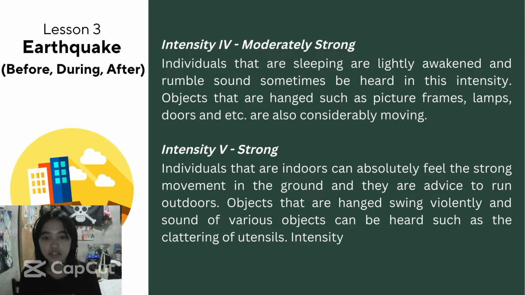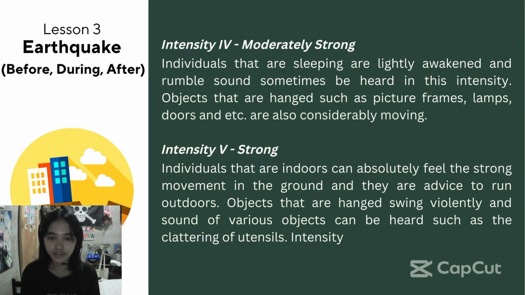So, intensity 5, strong. Individuals that are indoors can absolutely feel the strong movement in the ground, and they are advised to run outdoors. Objects that are hanged swing violently, and sound of various objects can be heard, such as the clattering of utensils. So, in this intensity, ang mga tao, especially sa mga uban nga dili na magpanic, maka-feel na gid sila kung unsa gid kakusog ang intensity 5, and naa na sa initiative nga mogawas na sila, and then moadto na sila sa open space for safety lang.